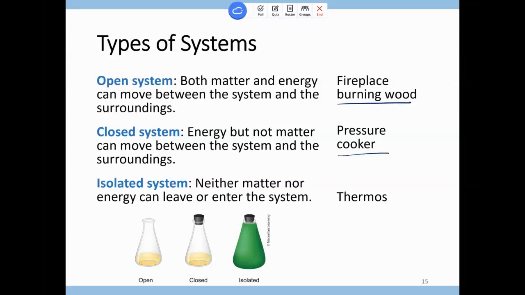The same goes for this flask with the stopper: none of the mass from inside the flask can be released to the surroundings, and nothing from the surroundings can go into the flask where the reaction is taking place. That's a closed system. Then an isolated system, which in reality is really difficult to achieve, requires expensive materials. This is where neither matter nor energy can leave the system.